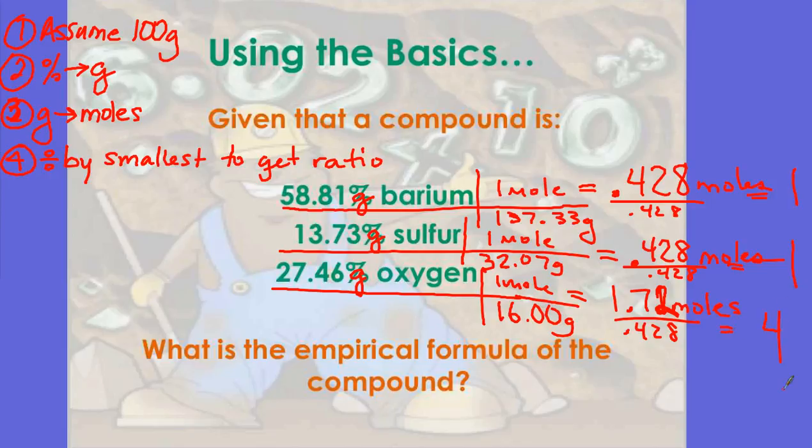We're going to call that 4. Divide by the smallest. 0.4 is smaller than 1.7. That gives me my ratio. That means how many bariums do I have? 1. Do I put a 1 here? Typically not. How many sulfurs do I have? 1. How many O's do I have? 4. So guess what my formula is?